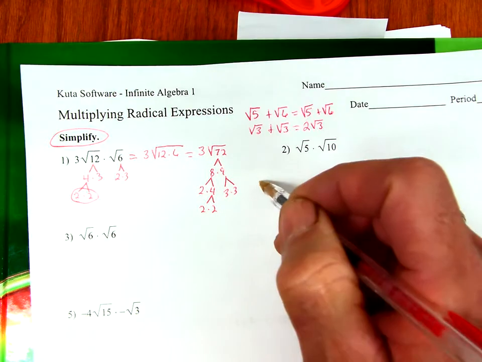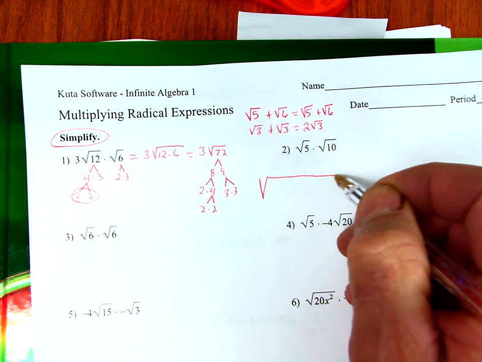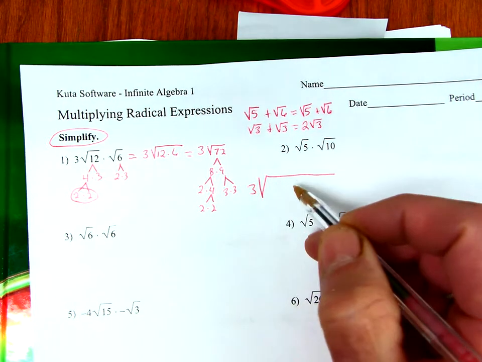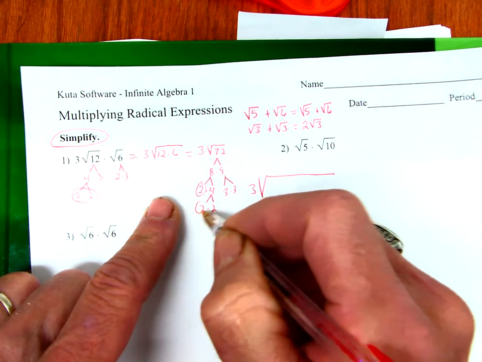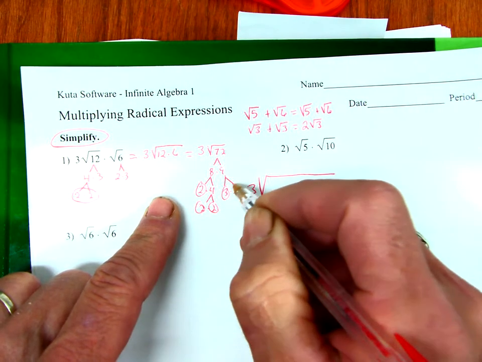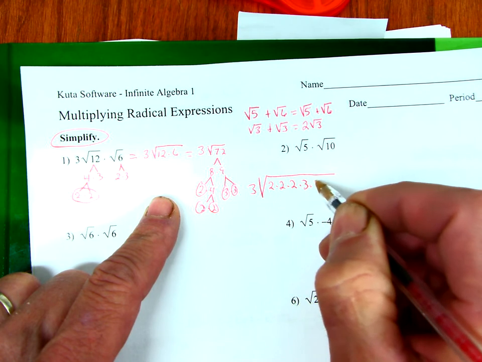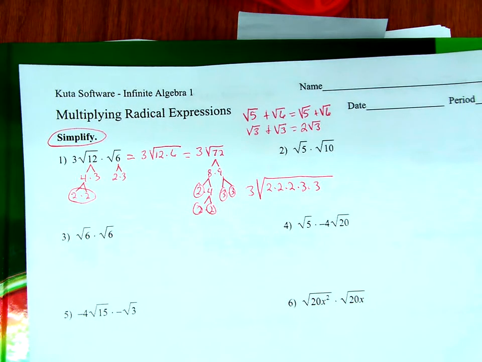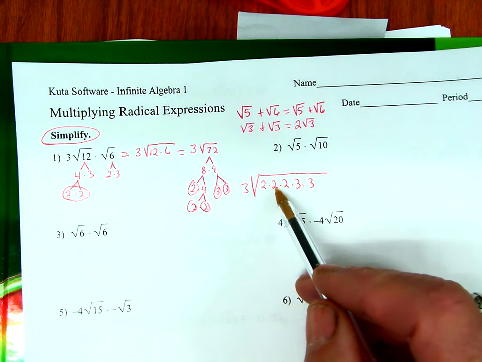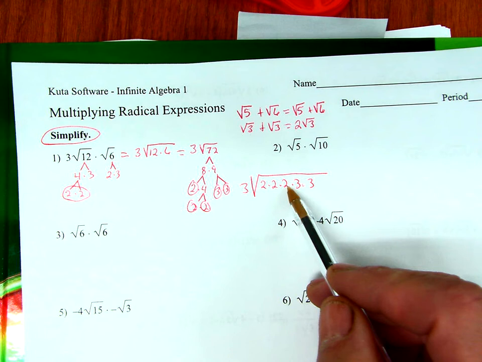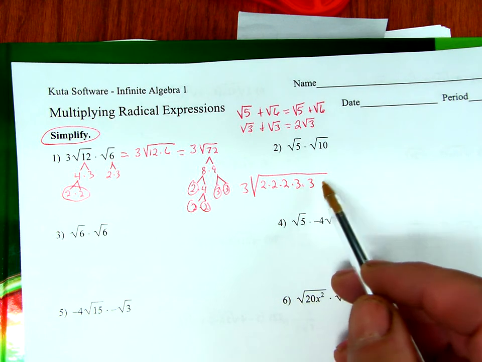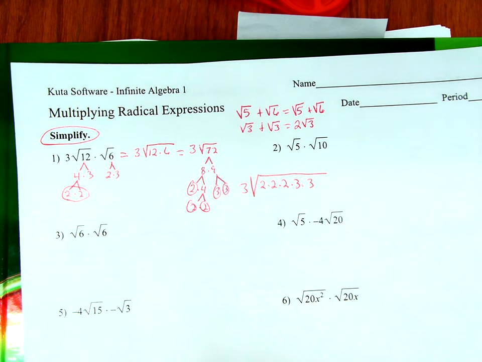So what we have is 3 times the square root of 2 times 2 times 2 times 3 times 3. 2 times 2 is 4, times 2 is 8, times 3 is 24, times 3 is 72.